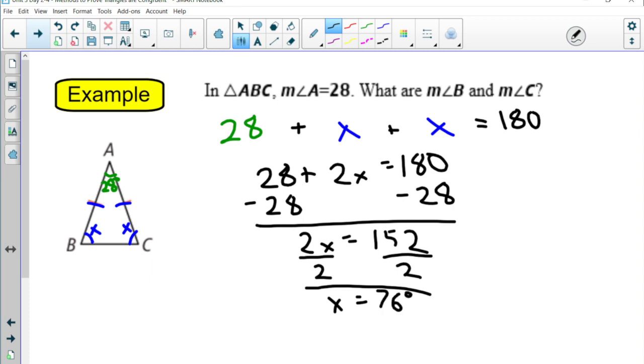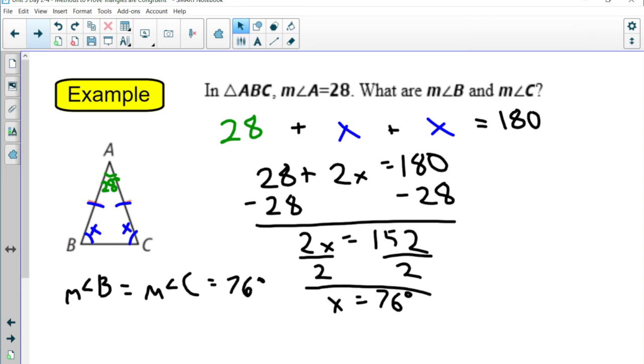So that means these angles are both 76 degrees, and you can double check, as you always should. We can add 76, 76, and 28, and indeed, they will add to 180. So to finish off and actually answer the question, the measure of angle B should equal the measure of angle C. They should be congruent, and they're both 76.